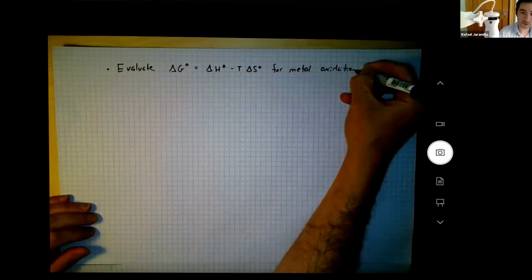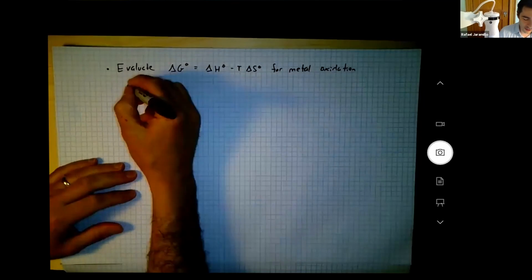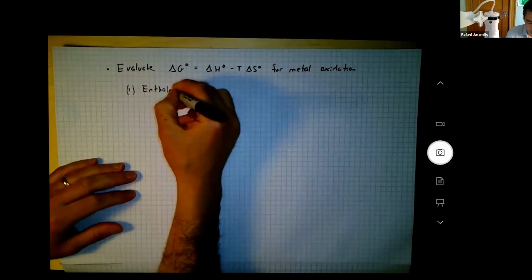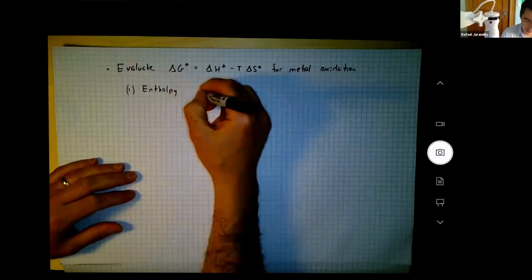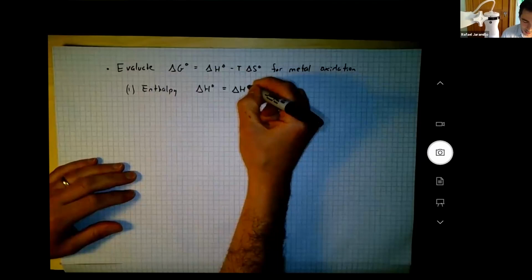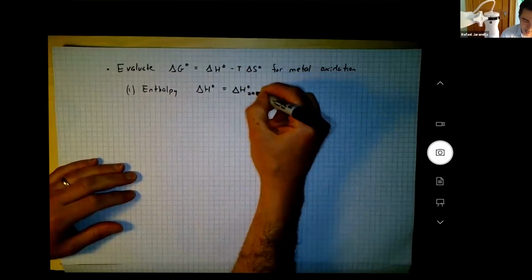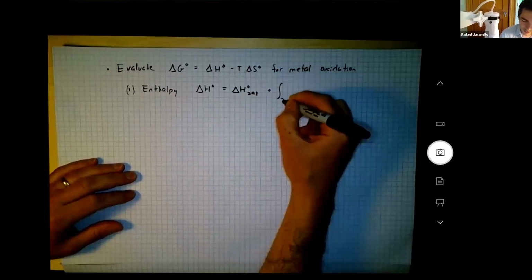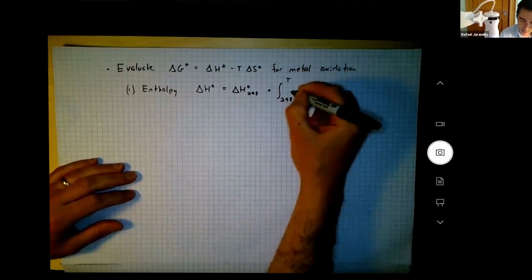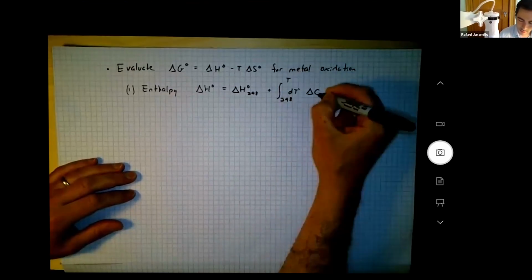So we're going to start with enthalpy. Delta H naught equals delta H naught at 298 plus the integral from 298 to temperature of delta CP dT, where you can have a delta CP for the reaction.